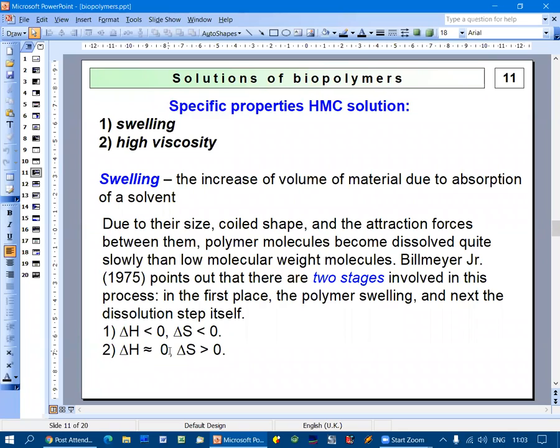But of course, due to even distribution of these hydrated molecules throughout the bulk of the solution, the entropy of the system will increase. So at the second step, delta G also will be negative. So the process of swelling is a spontaneous process.